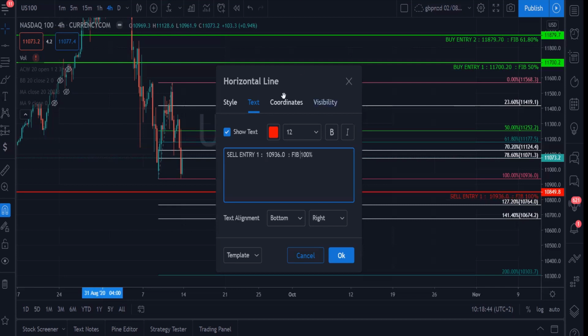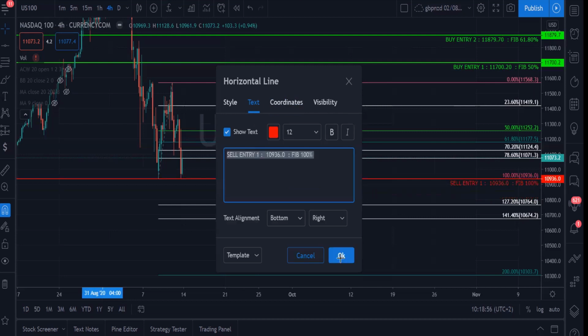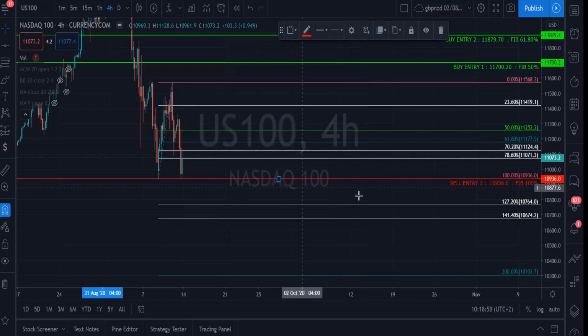And then we go into our coordinates and we put there 10,936.0, and we click OK. So there's our red line, which is our sell entry. Okay, you with me so far? Yes.